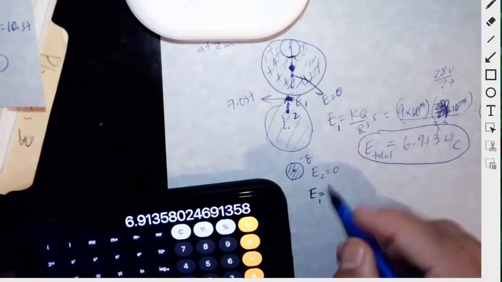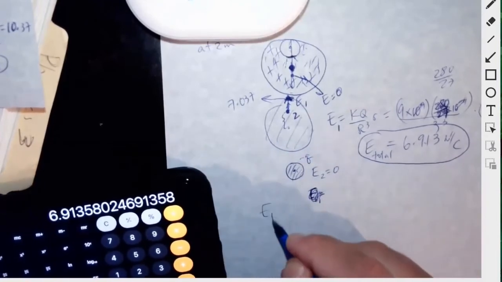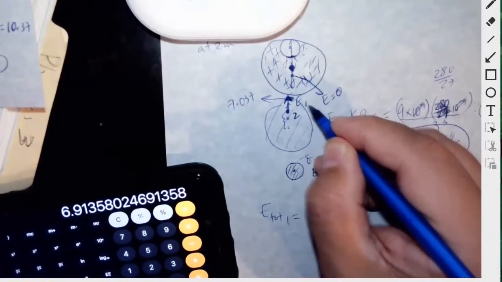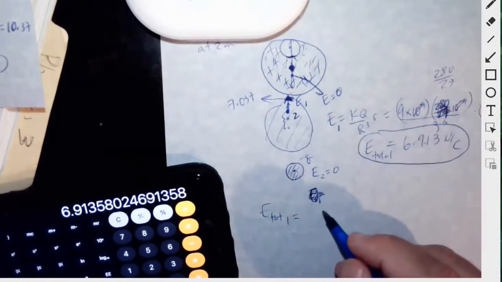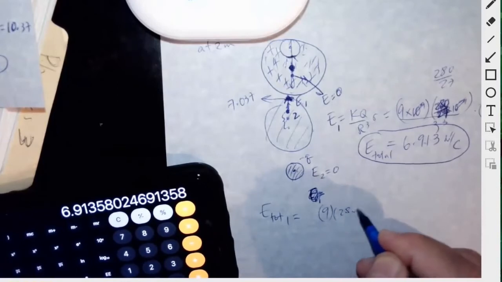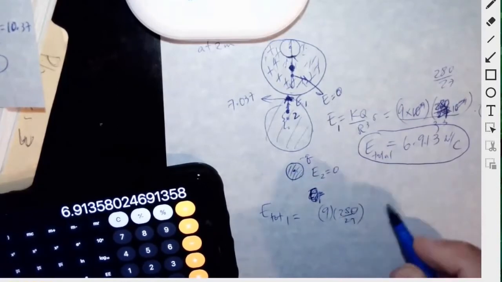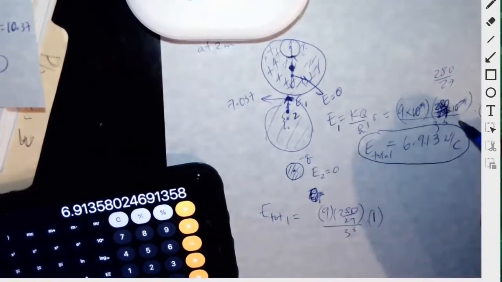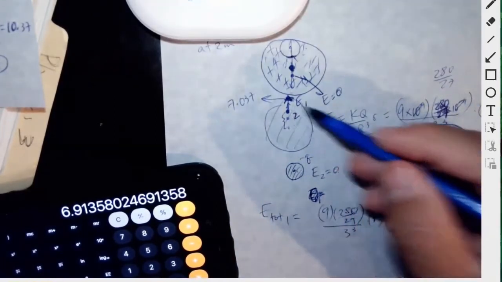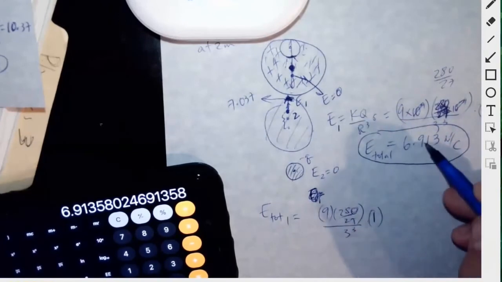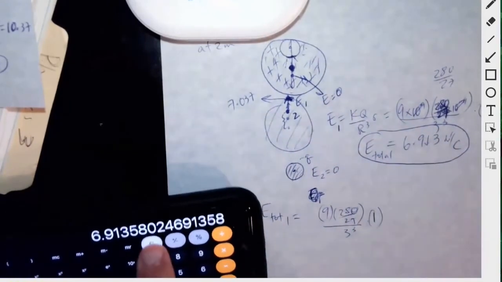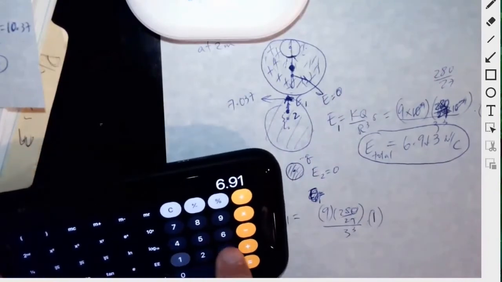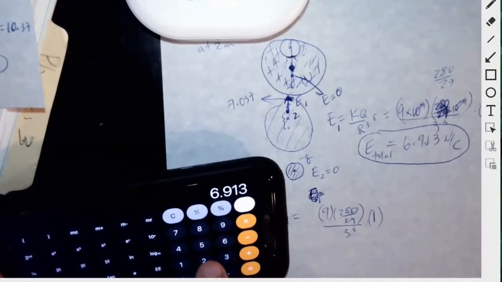So what would the electrical field total be at 1? You're going to do the electrical field at 1 from the solid. So it's just going to be 9 times 280 over 27 over 3 cubed times 1. The solid one is simply a linear function, right? So it's half of this, 6.913 divided by 2.